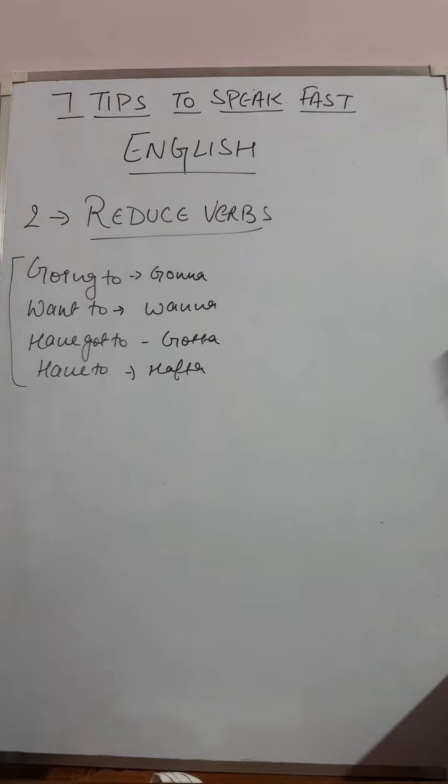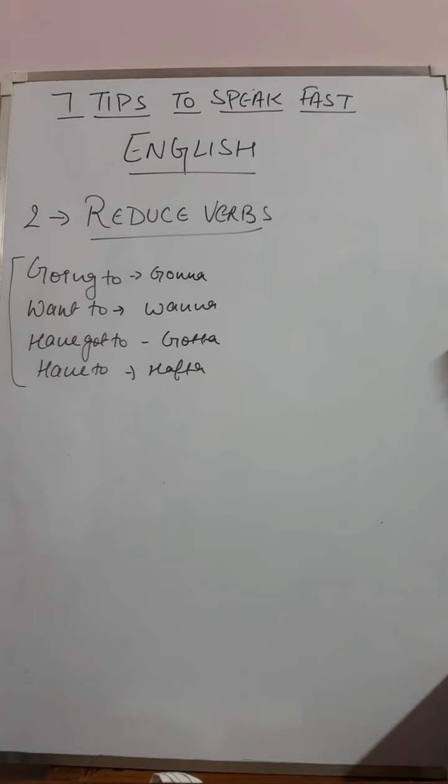Suppose I say I'm going to Mumbai, or I'm going to do this. So I can say I'm gonna do this. I'm gonna go to Mumbai. This is how we can speak sentences, and when we speak the sentences like this, it shows the difference.